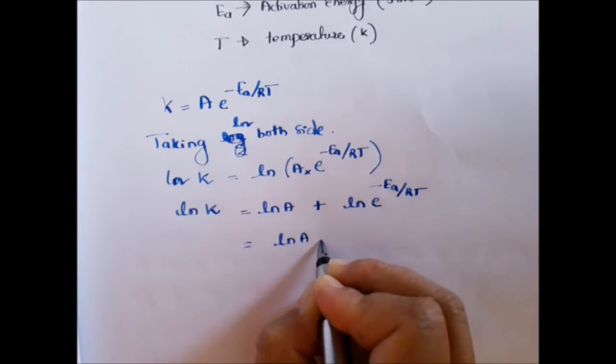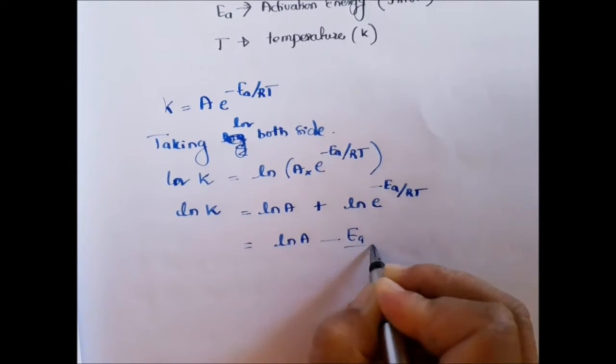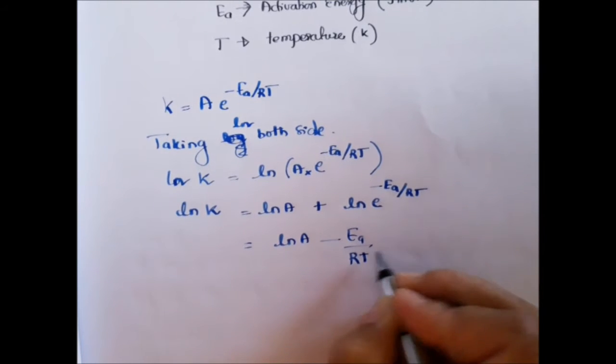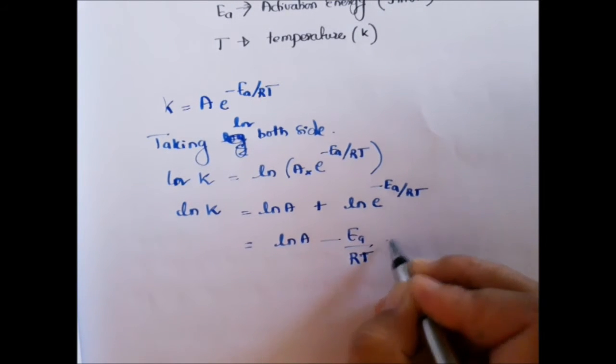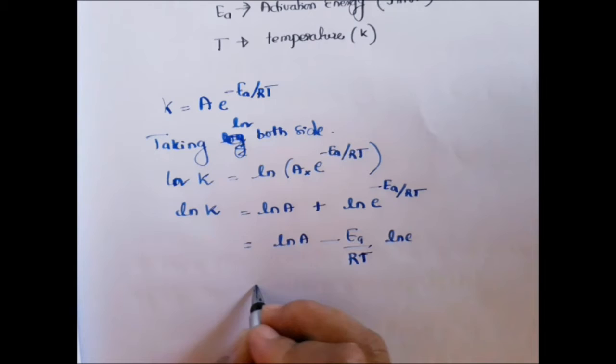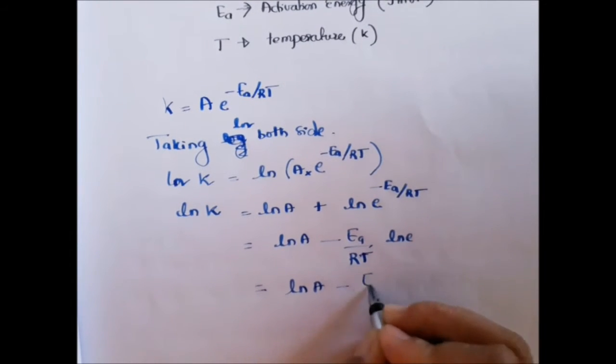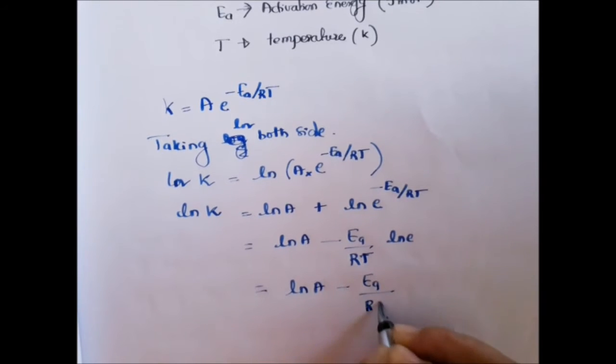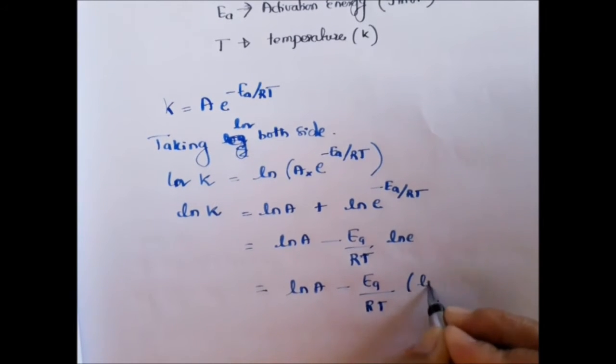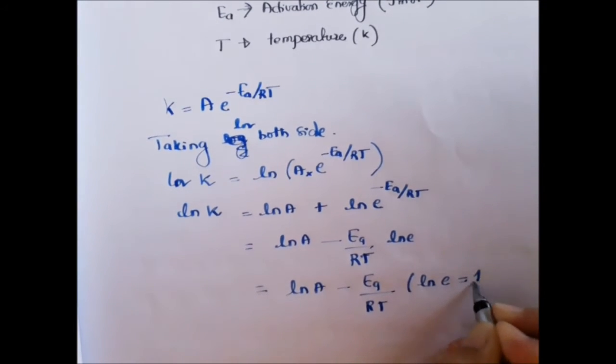So this becomes minus Ea divided by RT, times ln e. Now ln e is 1, so the equation becomes minus Ea by RT, because ln e is equal to 1.